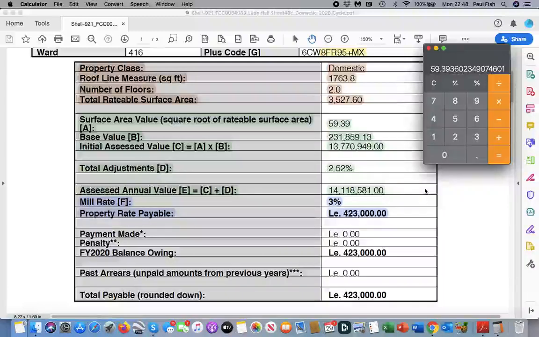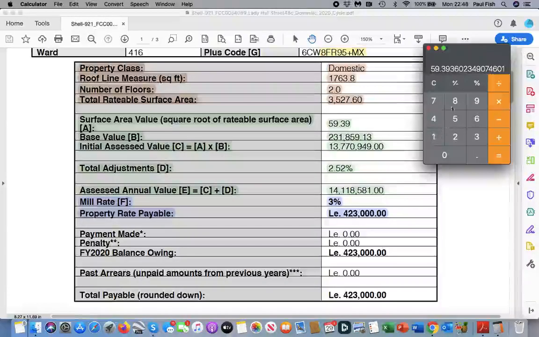So multiplying the surface area of 59.39 by the base value per unit of 231,859.13 equals initial assessed annual value of nearly 13.7 or 13.8 million points.